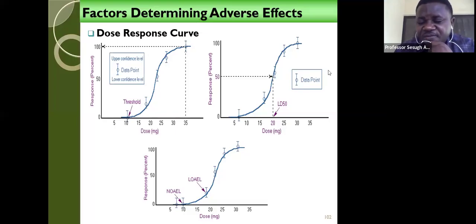You got 50% here. And that 50% is marked LD50. LD50. Who can tell me what LD means? Hello? Who can tell me what LD means? What is LD?